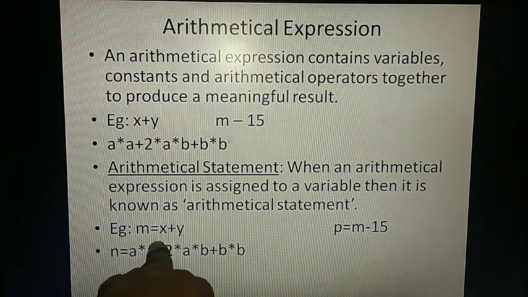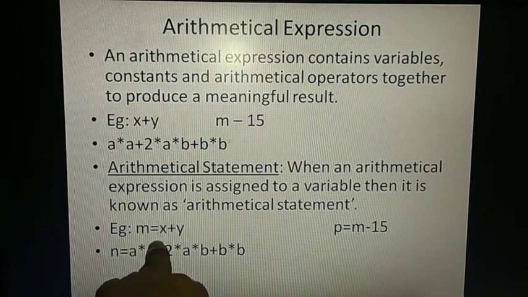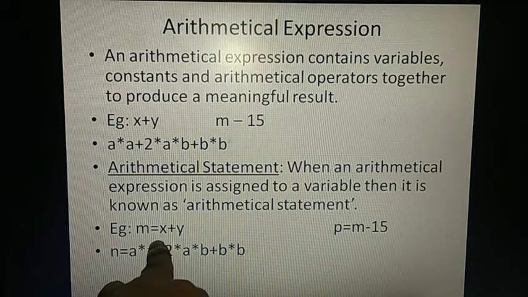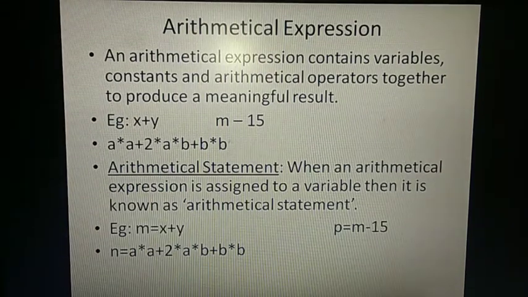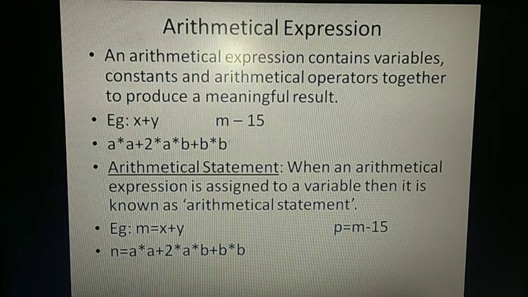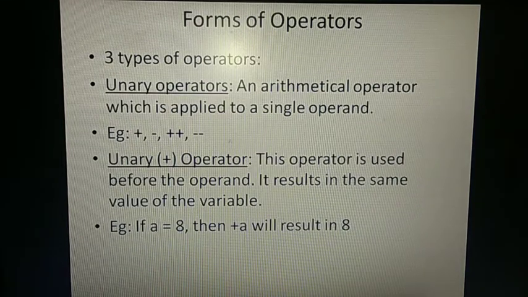How has it been assigned? Using the equals to symbol. The equals to symbol is also called which operator? The assignment operator. Is that clear? Next slide is the forms of operator.